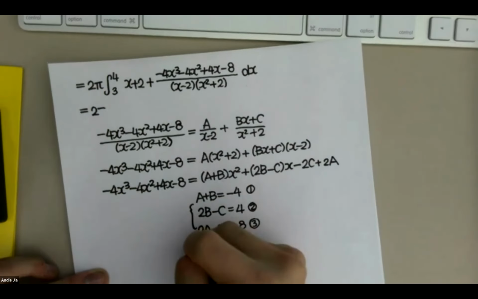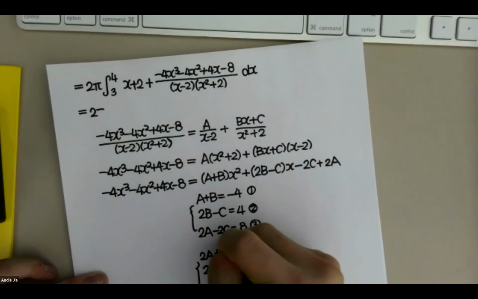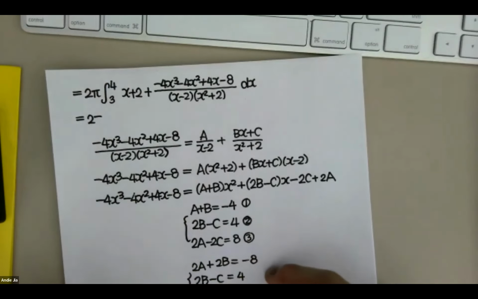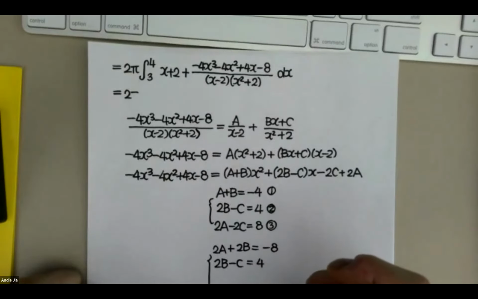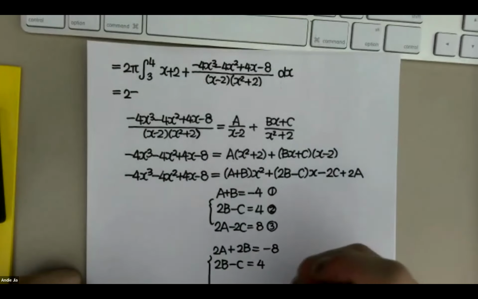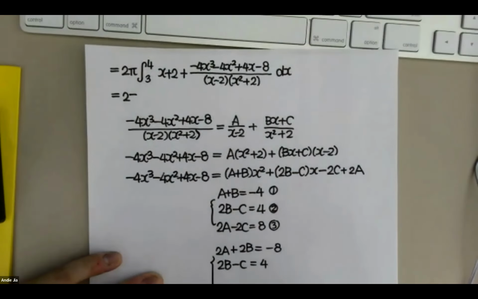And 2B minus C is going to be 4. If we subtract this, it's going to be, oh wait, no. Why am I doing this? Okay, I can solve it. Trust me, I can solve the system of equations. Why am I making such a dumb mistake here?